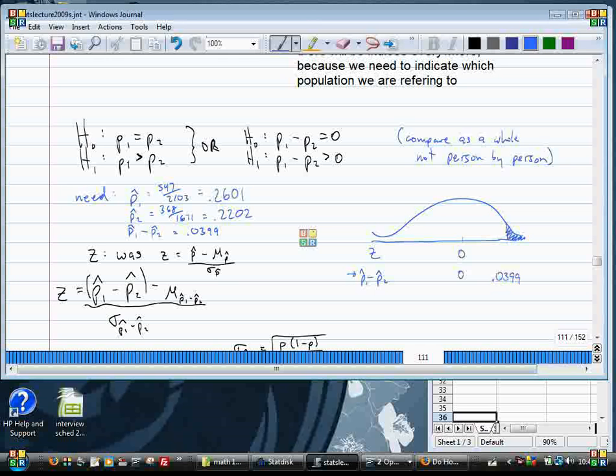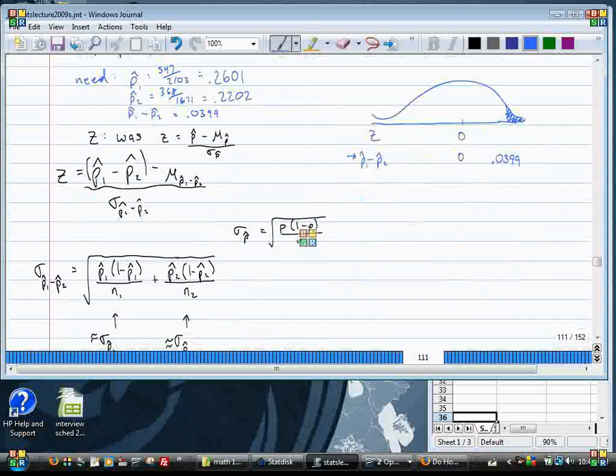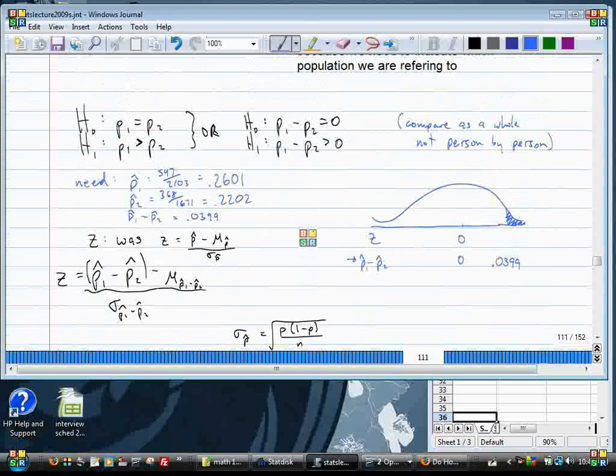Okay. So next we need to find, what do we need to do next? We need to find our z-score. After working through all that, we now have all the pieces to find the z-score. Because the formula for the z-score is just P1 hat minus P2 hat minus mu for P1 hat minus P2 hat, divided by sigma for P1 hat minus P2 hat. And we have each of those three numbers.